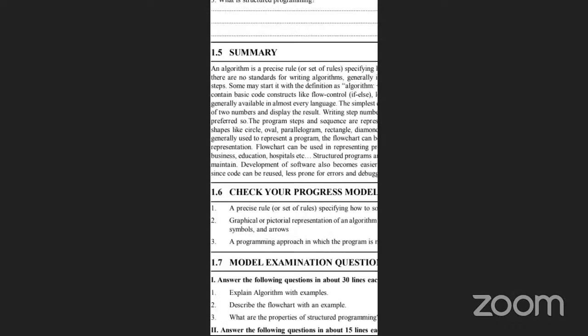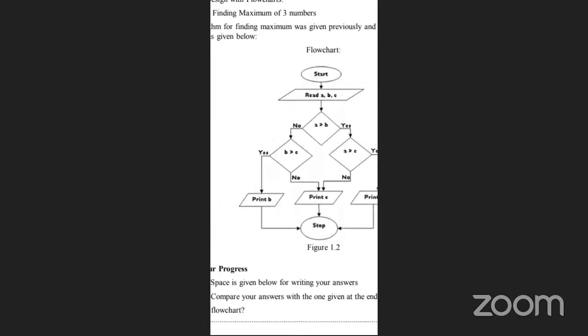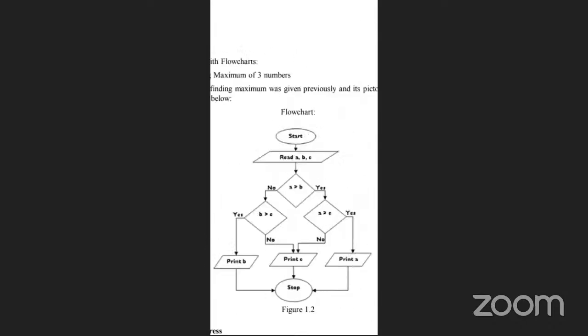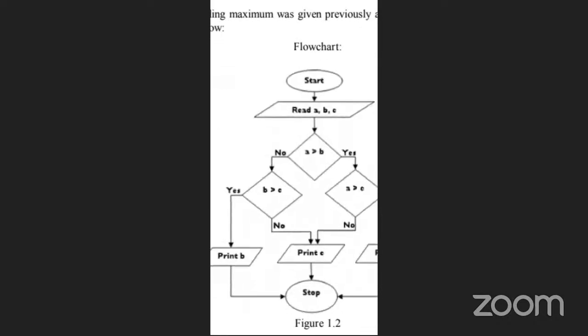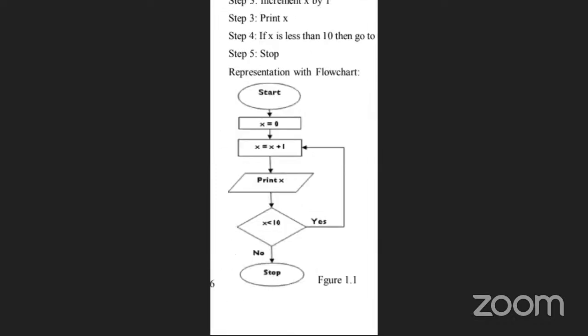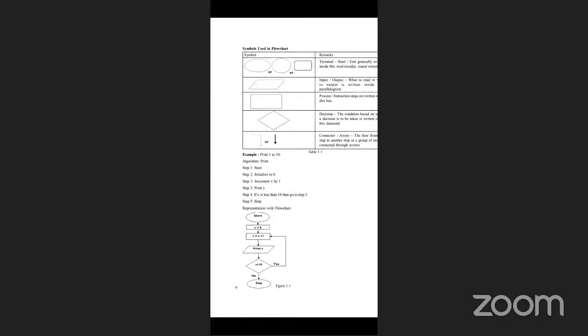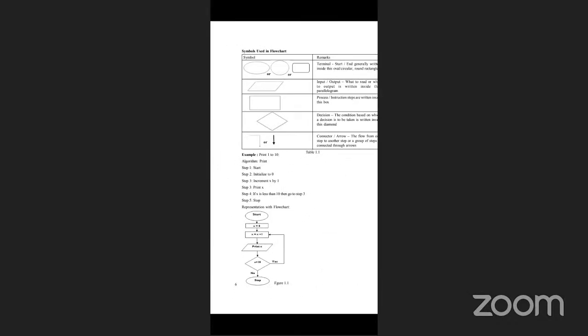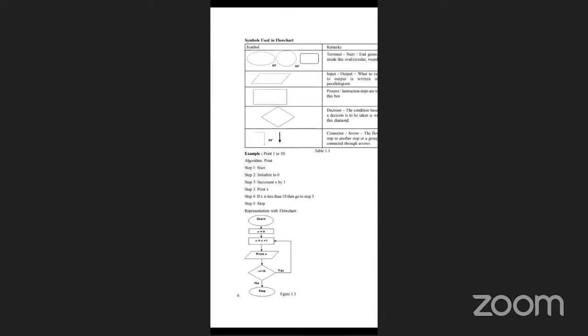So in this flowchart, these are the symbols which can be used. For example, if I want to find the maximum of 3 numbers, this flowchart is used. For example, I want to give only the increment of the given value. If I want to find the sum or addition, the difference, we can also use this flowchart.